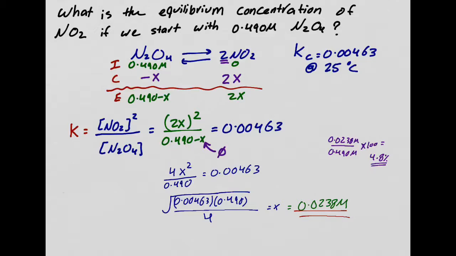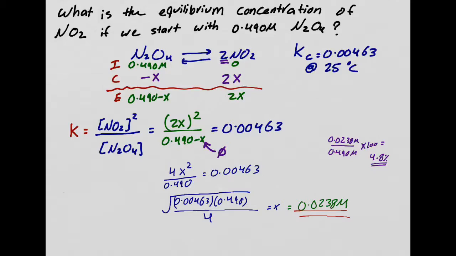Now, if you want to double check at the end that what you did was right, so you figured out x, you figured out the change, right? The change was 0.0238 molar. We started with 0.490. So this is what goes away, this is what we start with, times 100, that would be 4.8%.